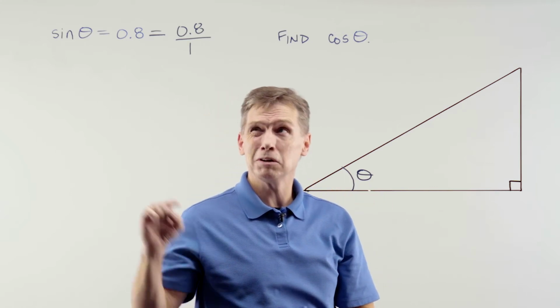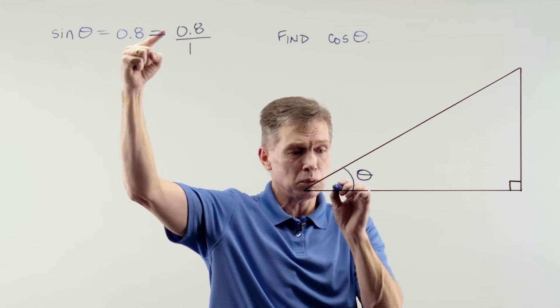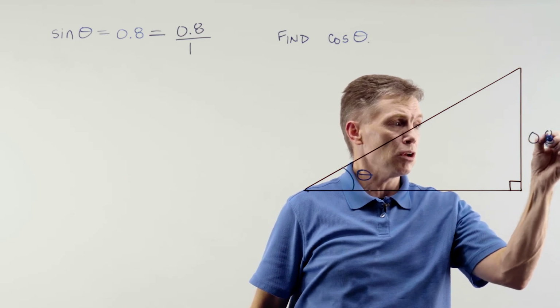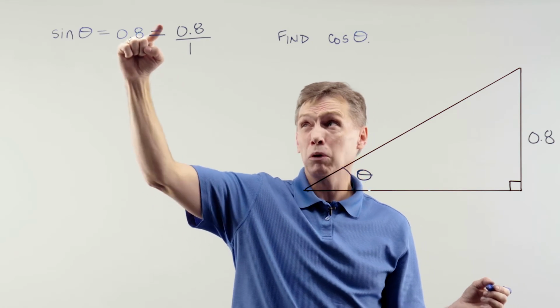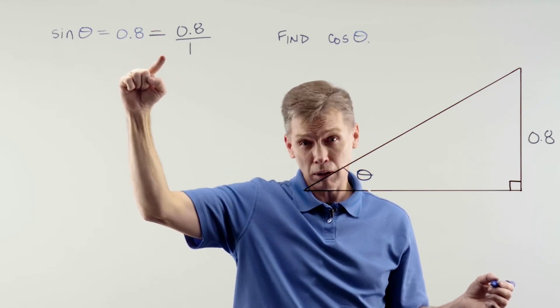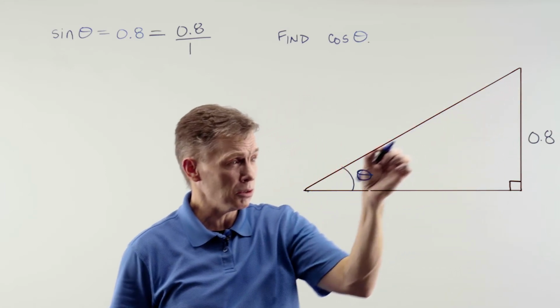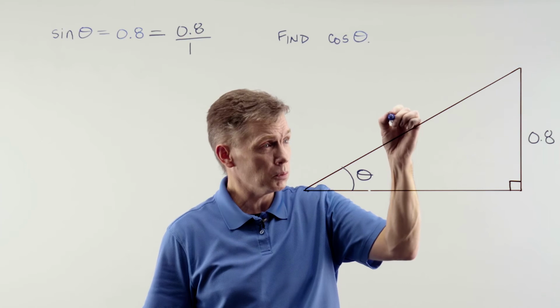So 0.8 in my numerator would be the opposite side of that triangle, and the denominator of 1 would be my hypotenuse. This is like our y over r from the definitions of our trig functions, right? So the hypotenuse, or the radius of the circle that this would be put on, is 1.